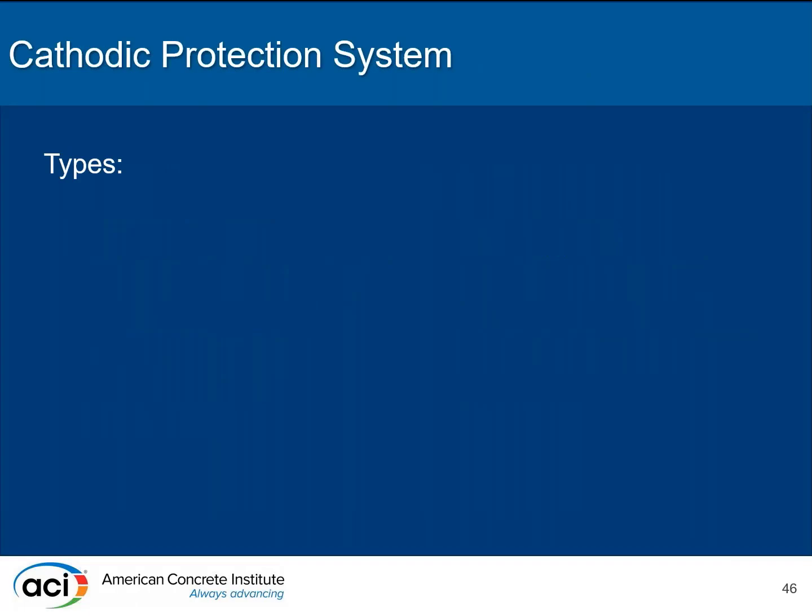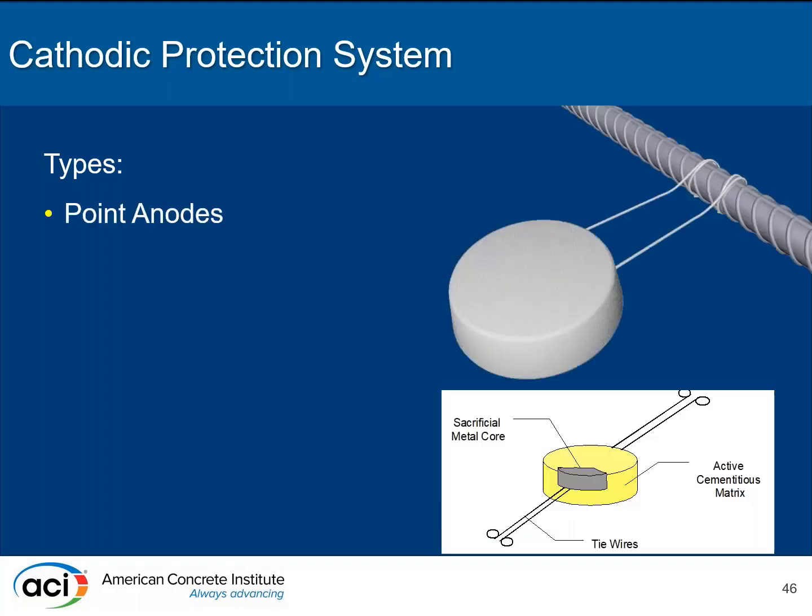Did want to touch base, kind of let everyone know there are a lot of different form factors that cathodic protection can be used, and some of them are more appropriate for different types of repairs. The one that is most commonly used, particularly for the ring anode effect I just described, is more of a point anode system, where you have discrete anodes placed around the patch, or in the structure, and they're typically a galvanic system, though there's no reason they have to be in theory.